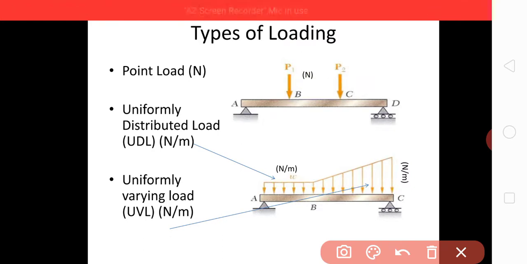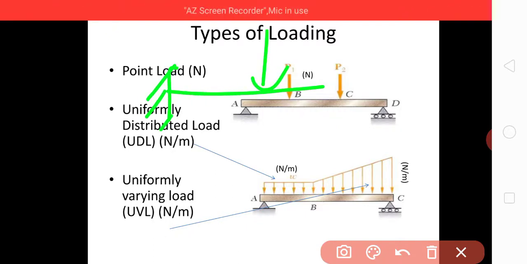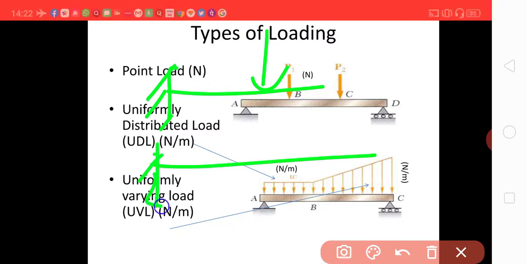When we analyze it closely, we can find out that there is a point load like this, or there will be a load like this.